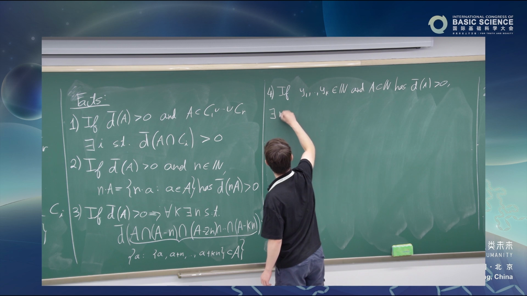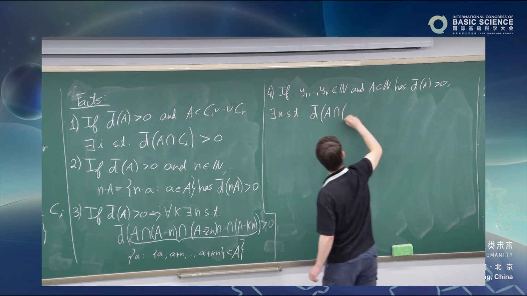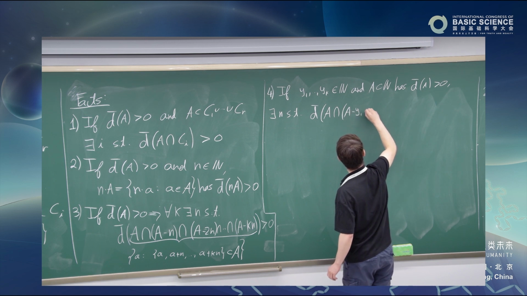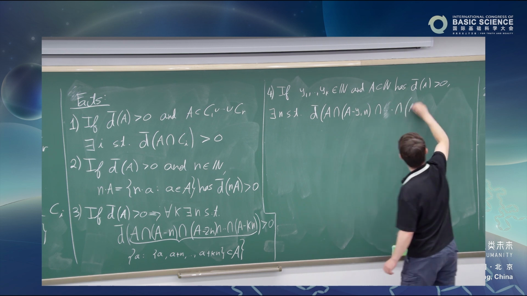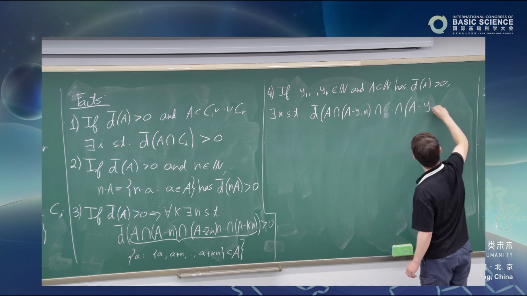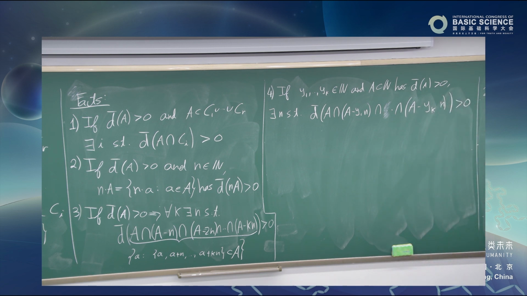Then there exists n such that the intersection of A minus y1 times n, up to A minus yk times n, has positive density.